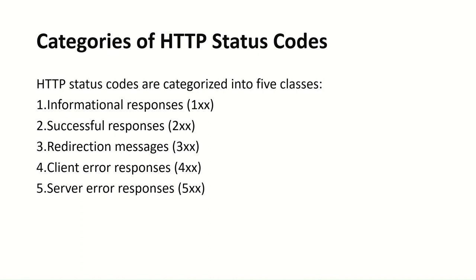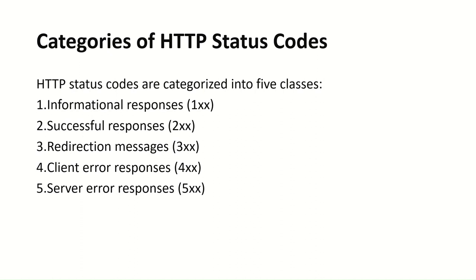The first class is 1xx, that means 100, 101, 102, 103. There are different status codes in that class, and the 1xx class is also called the informational class, as informational responses are returned. Similarly, we have the 2xx class, which returns successful responses.